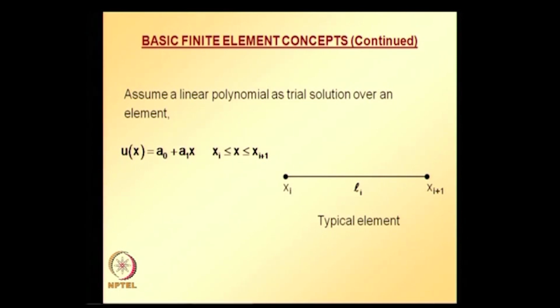Substitute those into this equation. The first equation is u evaluated at x equal to xi is ui, that is equal to a naught plus a1 xi. The second equation, u evaluated at x equal to xi plus 1, that is ui plus 1, is equal to a naught plus a1 xi plus 1. Now you have two equations and you can solve them for a naught and a1.